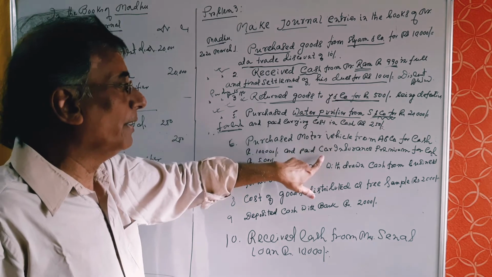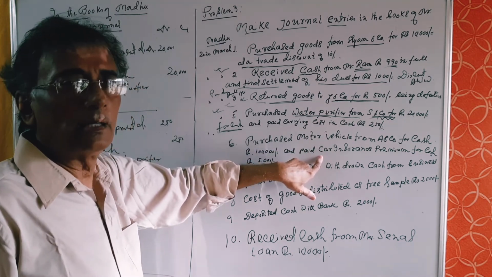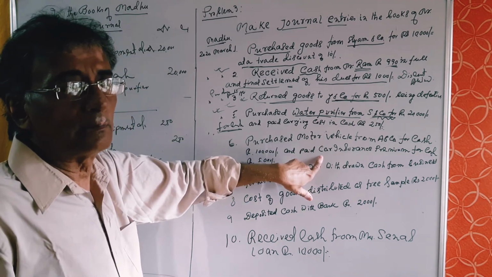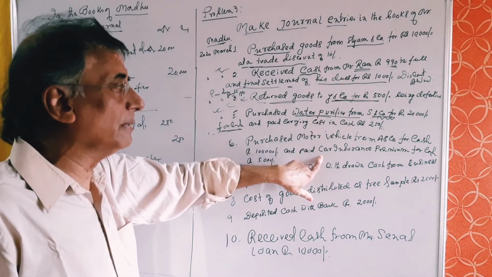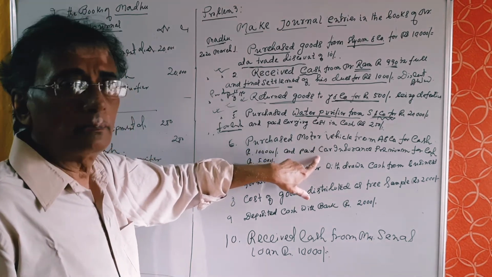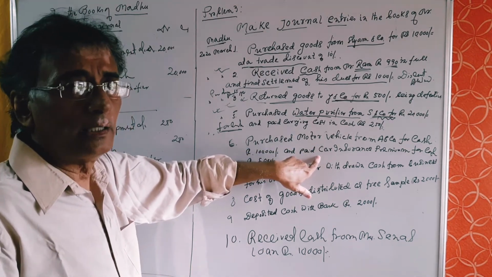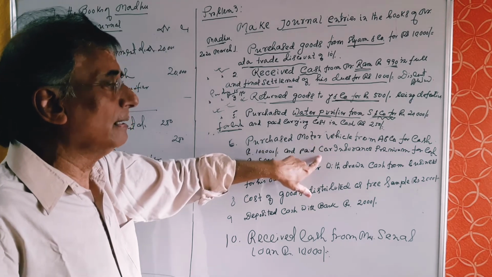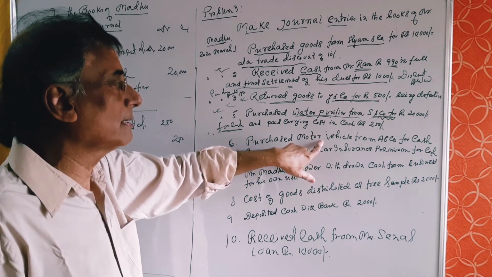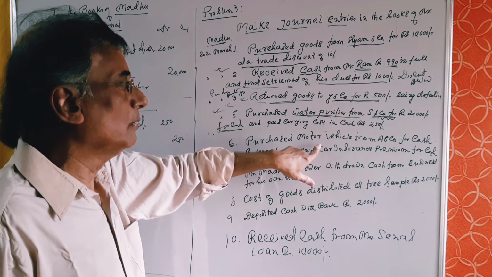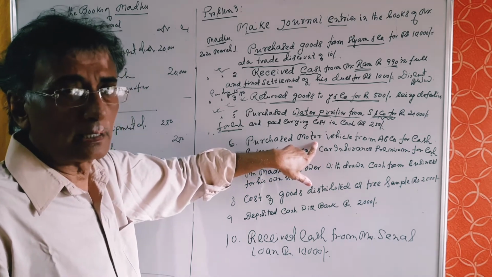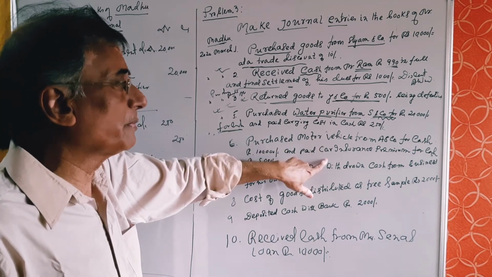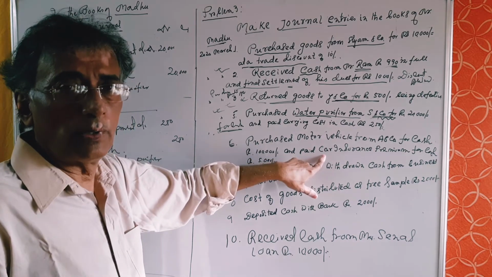Next year, when you renew the car insurance premium, that will be charged to revenue account under car insurance premium. But now, before launching the motor vehicle on the road, we should capitalize this car insurance premium with the motor vehicle account. So car insurance premium will be debited to motor vehicles account.